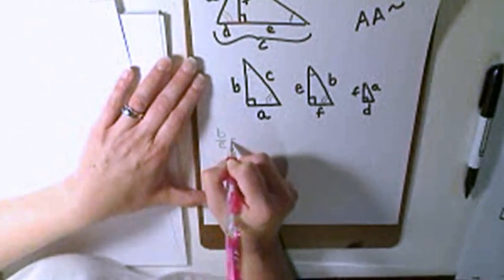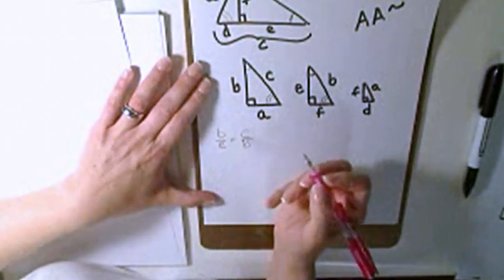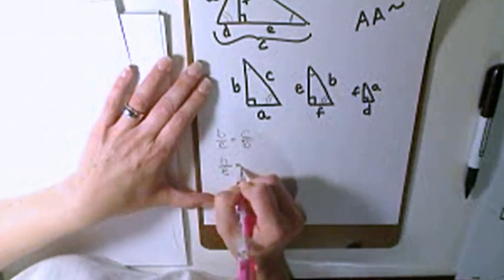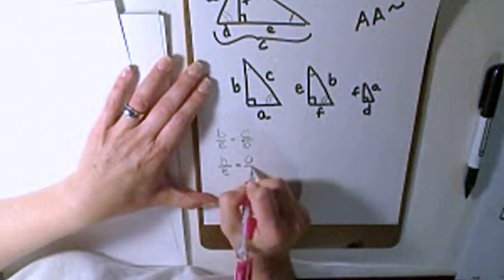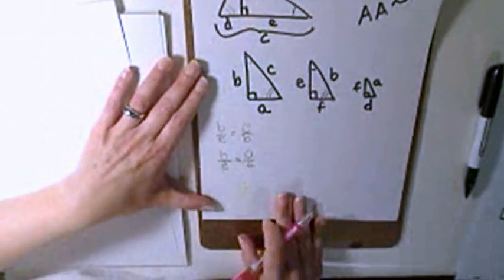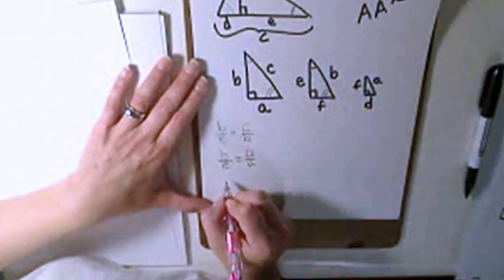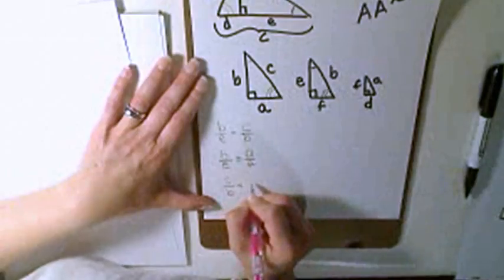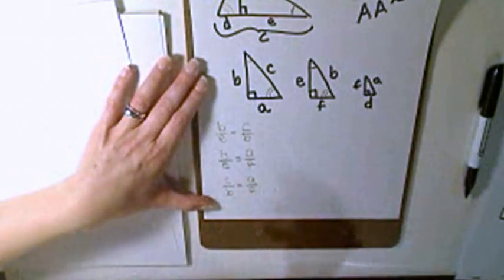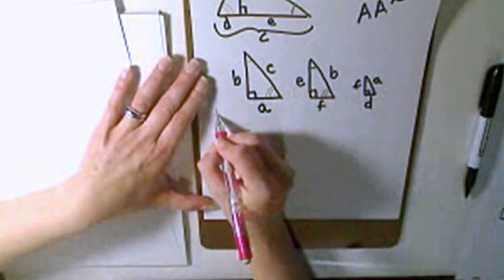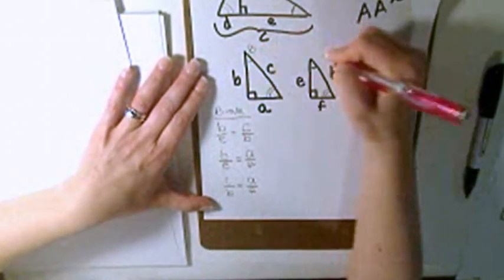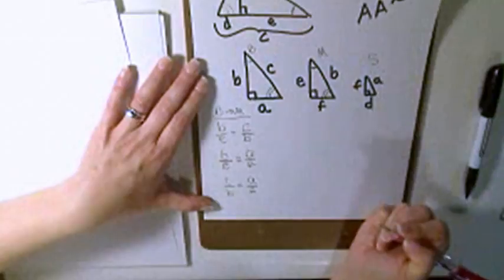B to E equals C to B. B to E equals A to F. Then C to B equals A to F. Okay, that's all from big to medium triangle. We'll call this the big triangle, the medium triangle, and the small triangle.